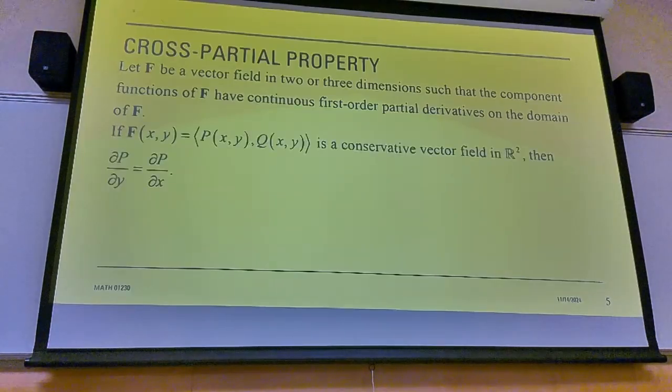If it's two variable, and f of x, y is just P of x, y, Q of x, y, then the partial of P with respect to y is equal to the partial of Q with respect to x.